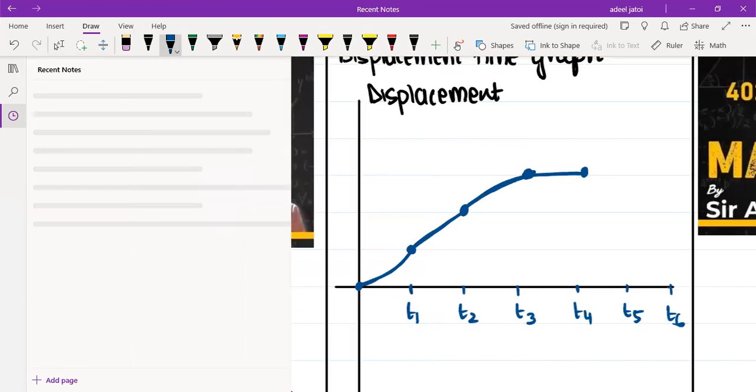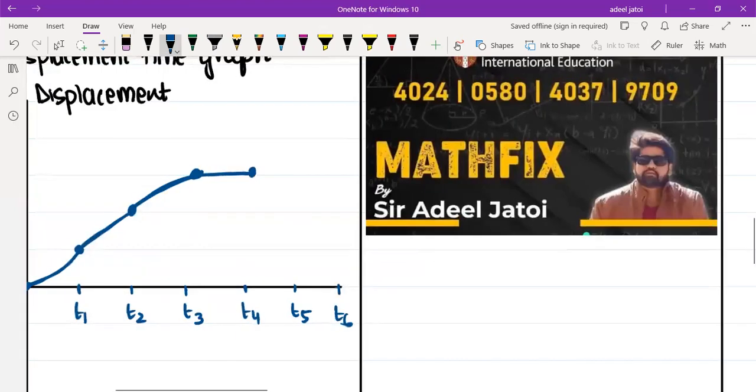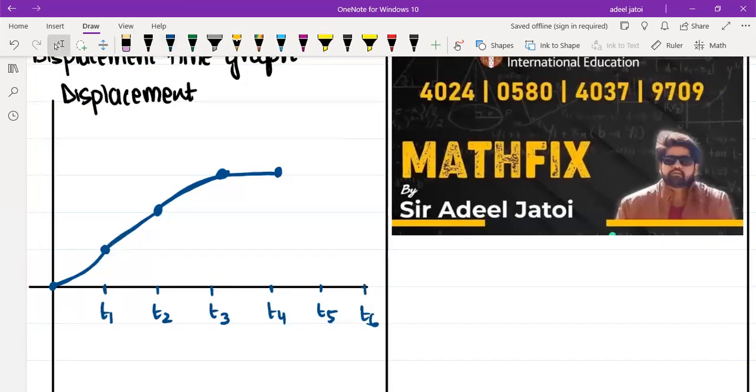T4 to T5: increasing velocity, but in the negative direction. That means coming back in the negative direction. Then we have a uniform velocity, but negative.